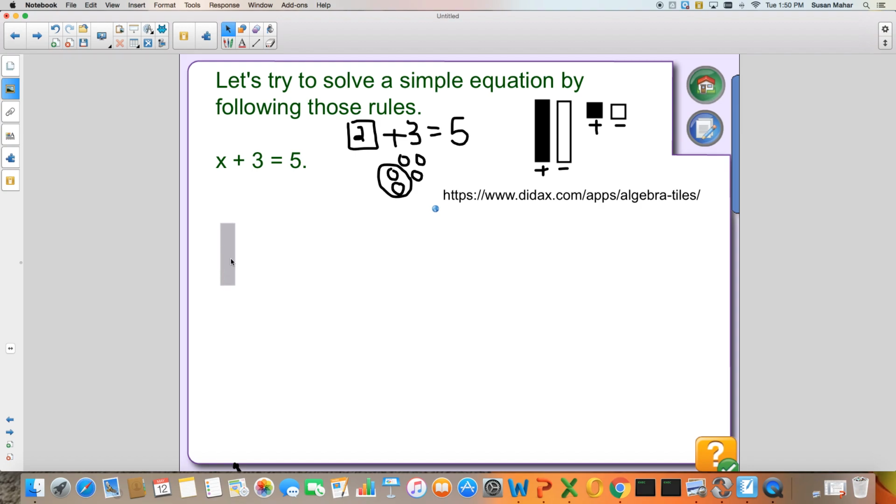So x plus 3. And when I'm doing these, I'm going to draw a line to represent my equal sign. So x plus 3 equals 5.